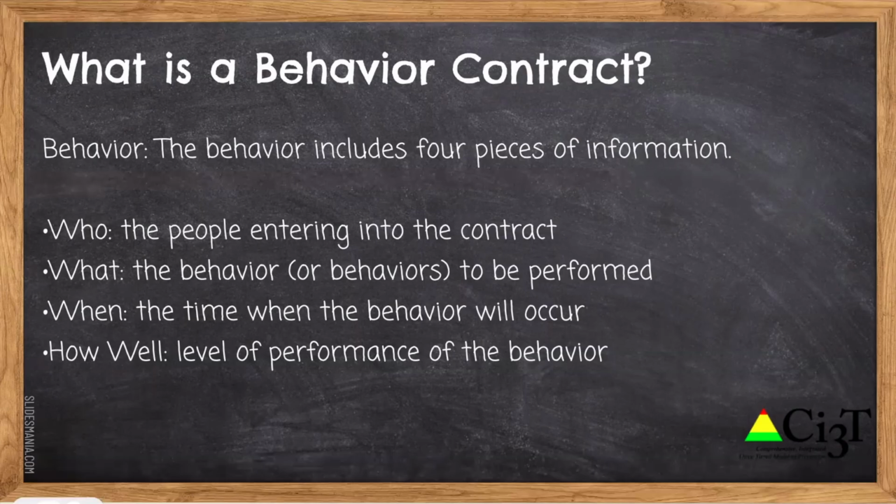When is the behavior going to occur? I may have difficulty during math class, and so I may be up out of my seat, calling out, disrupting class. So the behavior that you want to decrease, of course, is the disrupting class or calling out in class. I do not do that in social studies.